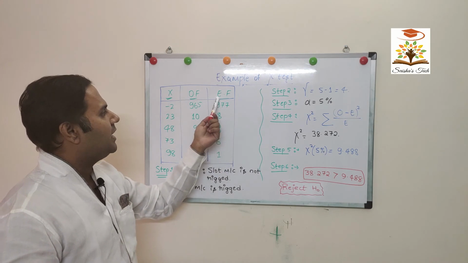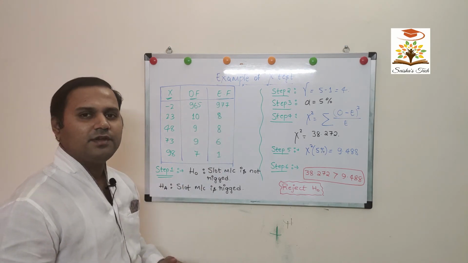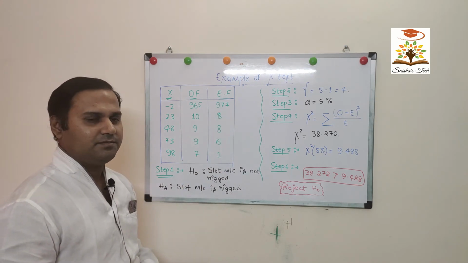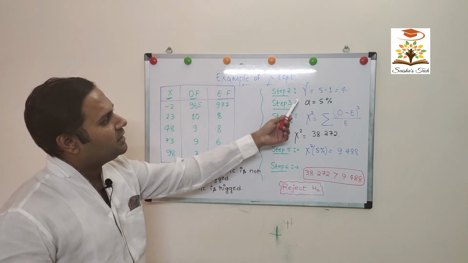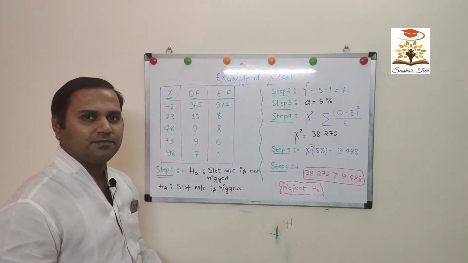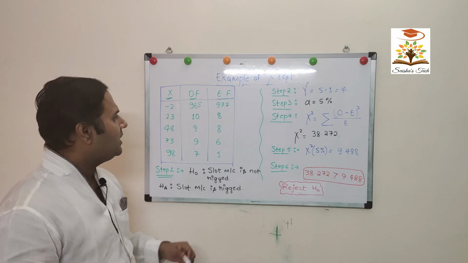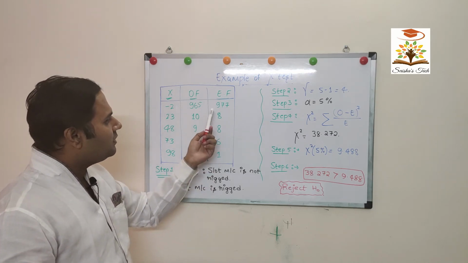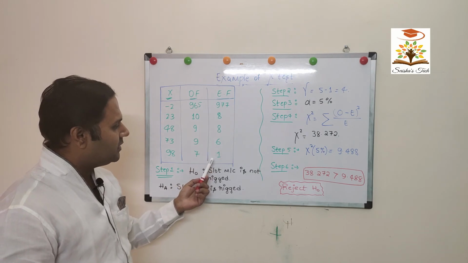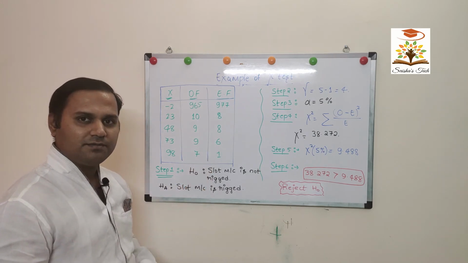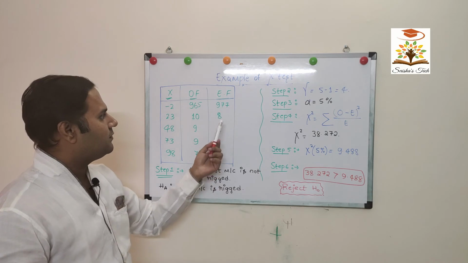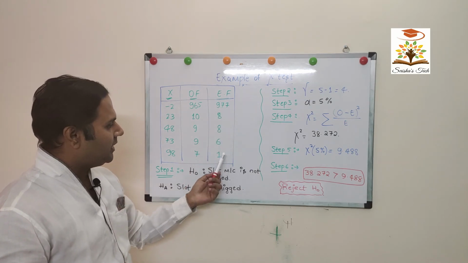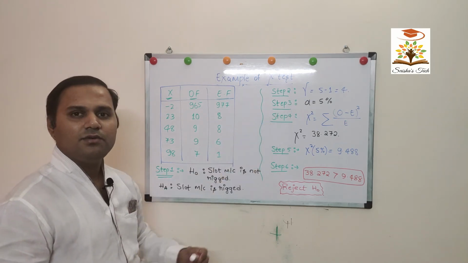As we have the expected frequency table, we are not going to calculate them. The degrees of freedom is 4 because we have 5 values, but with 4 values we can predict the value of the 5th. Hence the degrees of freedom is 5 minus 1, that is equal to 4.